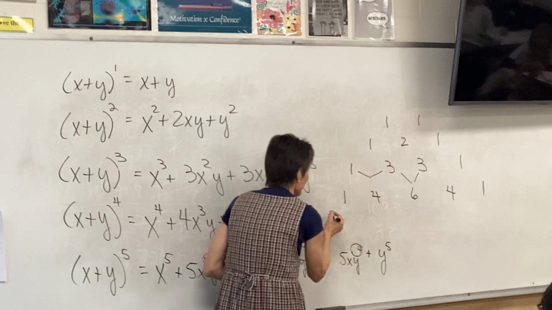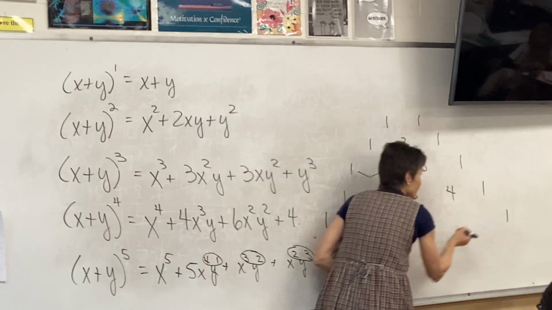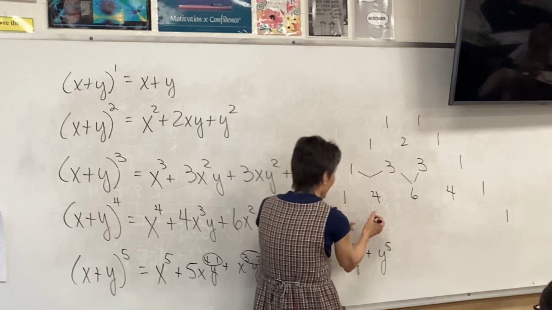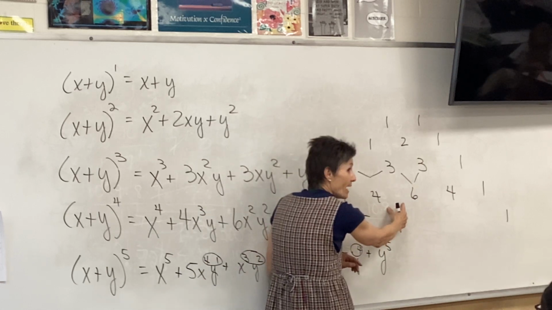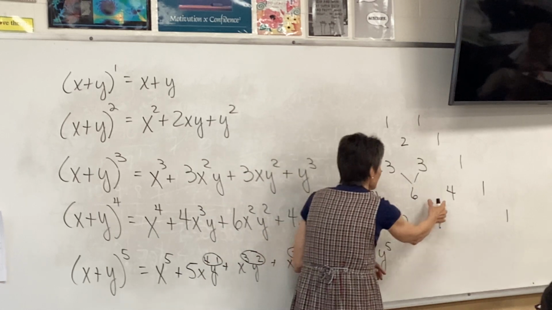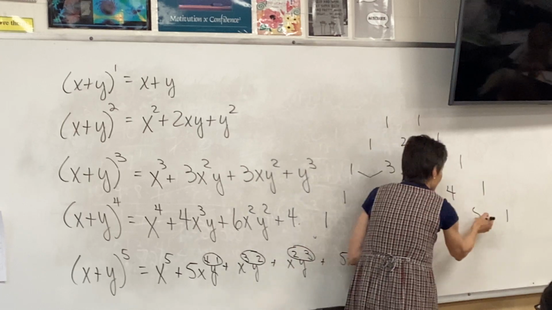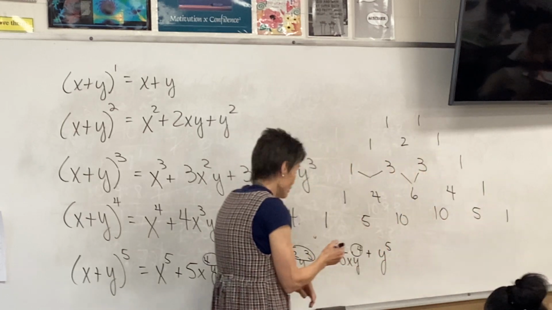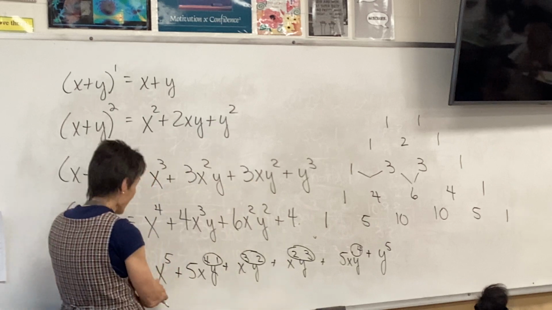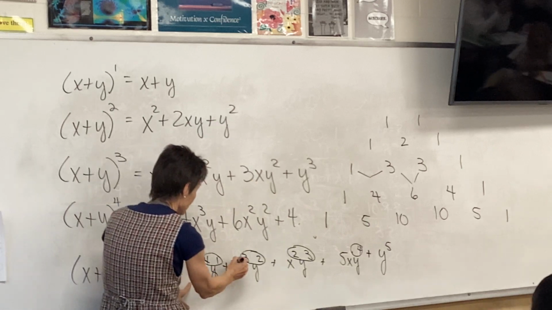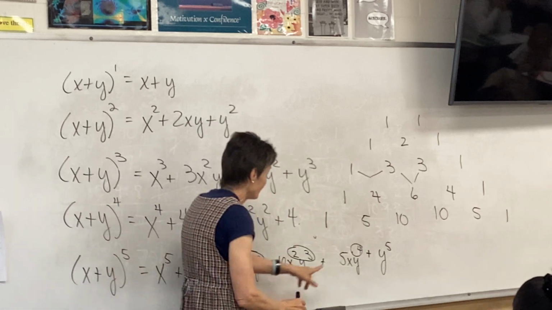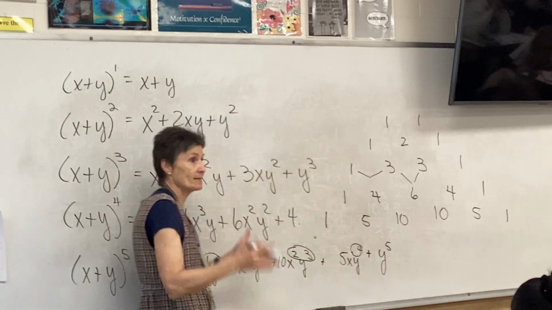We're gonna start and end with a 1. This is gonna be a 5. Then I'm gonna have a 10 and another 10 and a 5. So those coefficients, we had the 1 and the 5 already. I'm gonna put a 10 here, a 10 here. There's my 5 and 1. There it is, done.